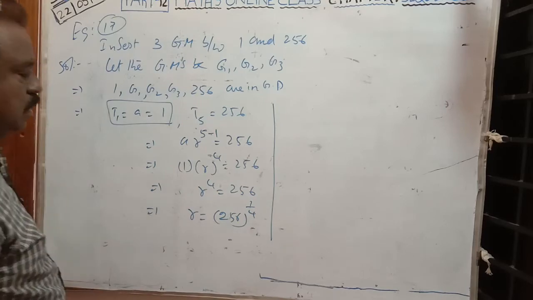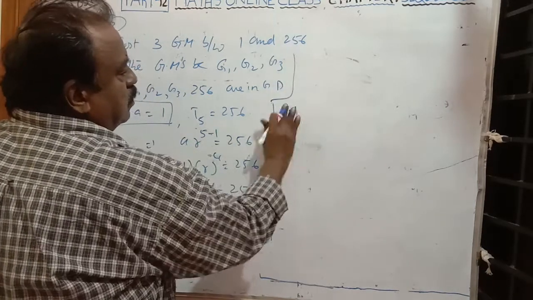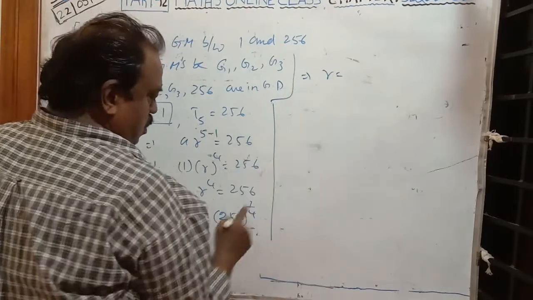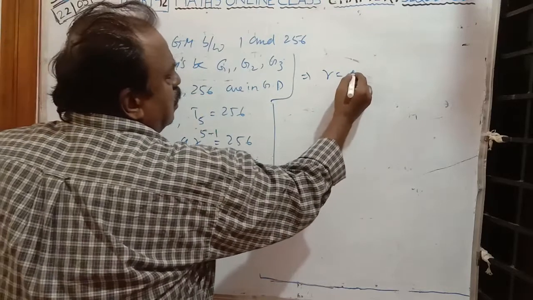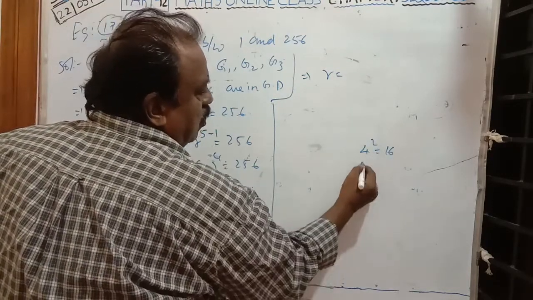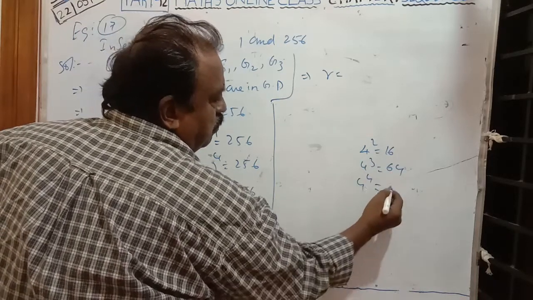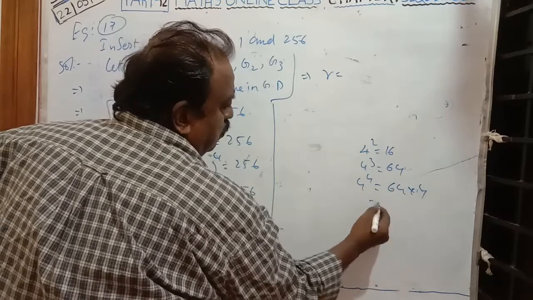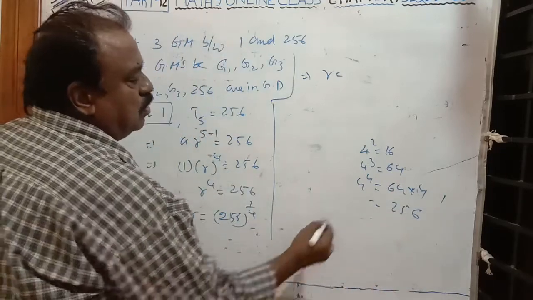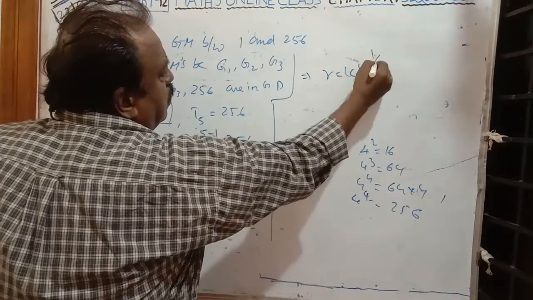Now you see, 4 square is equal to 16, 4 cube is equal to 64, 4 power 4 is 64 into again 4, that is 256. So 256 is equal to 4 power 4, whole power 1 by 4.